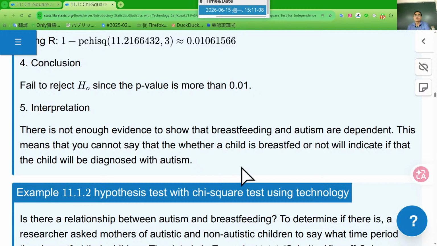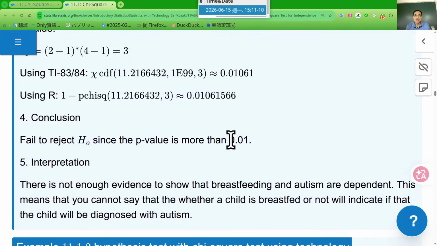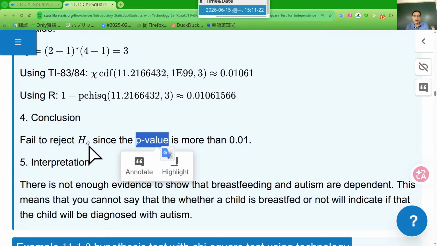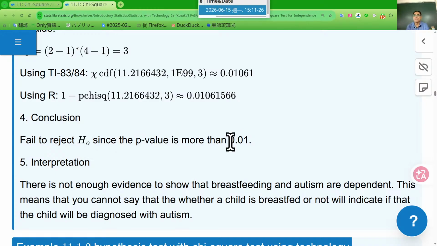But personally, you may observe something here. In the past, we always set the alpha at the level 0.05. If we think the p-value, the alpha level is 0.01, what do we think about that? Yes, the p-value is a little bit greater than 0.01.